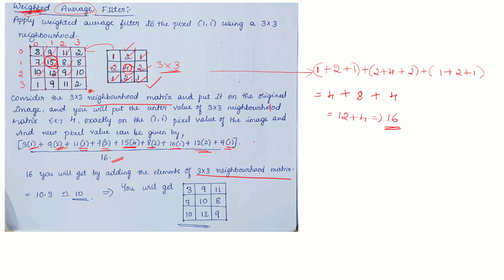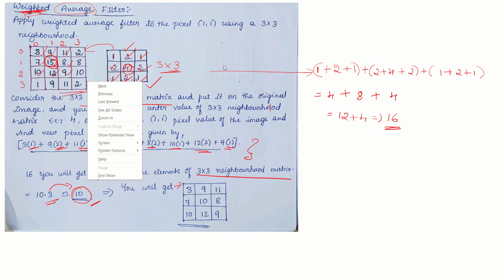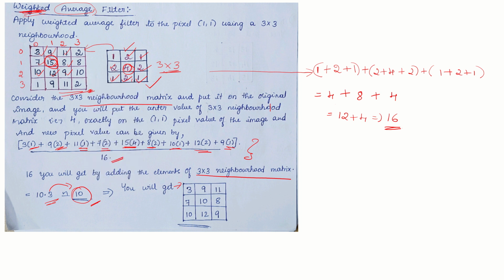If I solve this entire thing, I will get the answer as 10.3. Considering the whole number, 10.3 can be approximated to 10. So in the new matrix, what will we get after applying this weighted average filter? This is the original image, and there you have considered only that 3 cross 3 region, to which you have applied this weighted average.